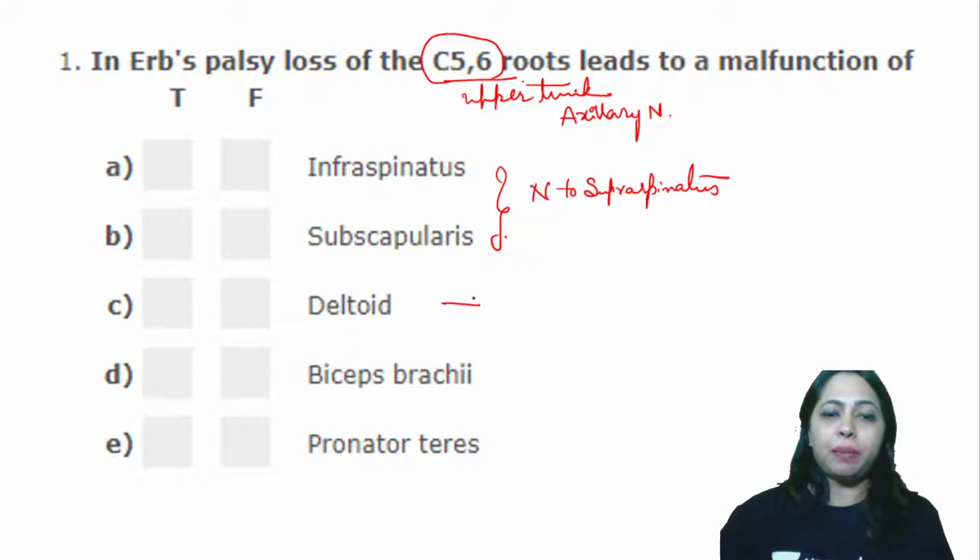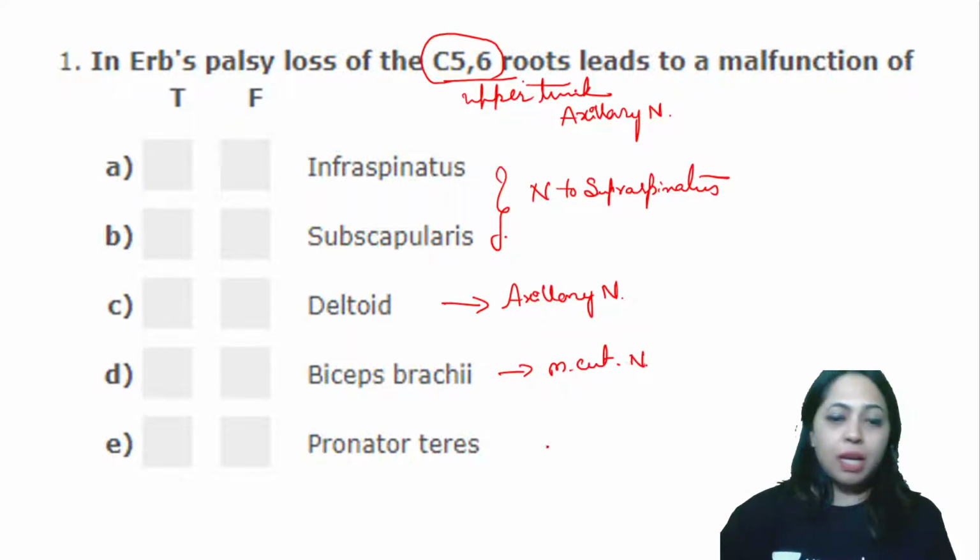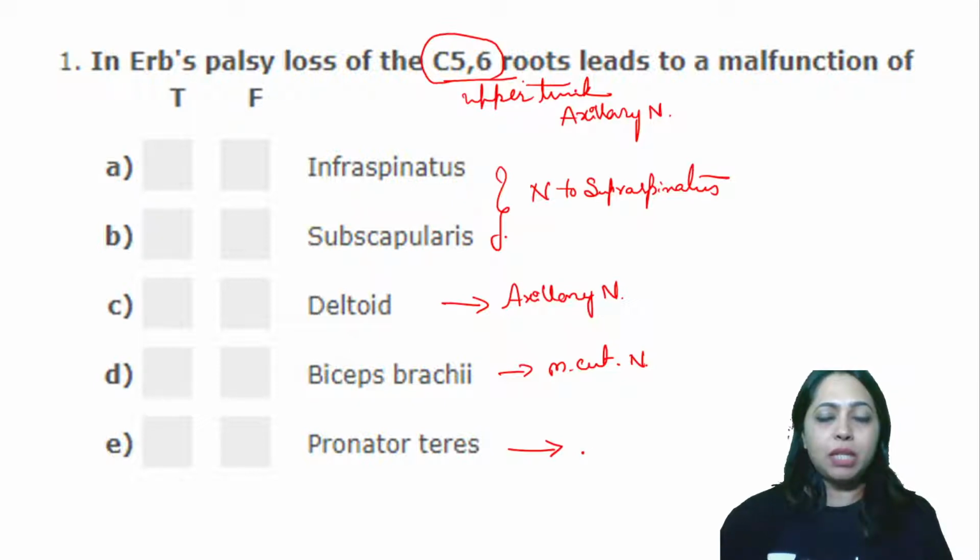Okay, this one is supplied by axillary. And this one is supplied by musculocutaneous nerve. And this one, pronator teres, is it in the flexor compartment or extensor compartment?